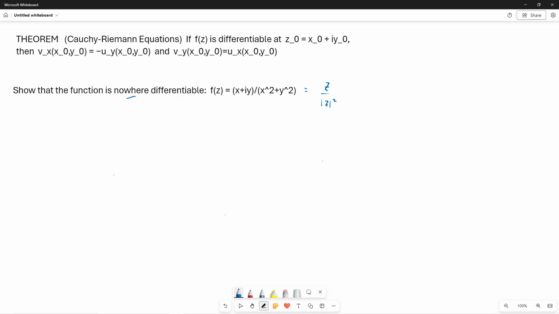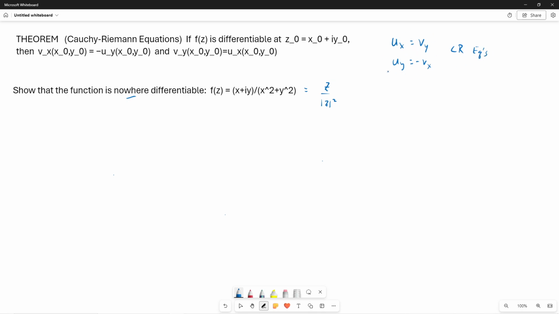To do this, we'll use a theorem about partial derivatives of the real and imaginary parts, the so-called Cauchy-Riemann equations, which says that if f is differentiable at a point, then the partial derivatives of the real and imaginary parts satisfy two equations: u_x = v_y and u_y = -v_x.